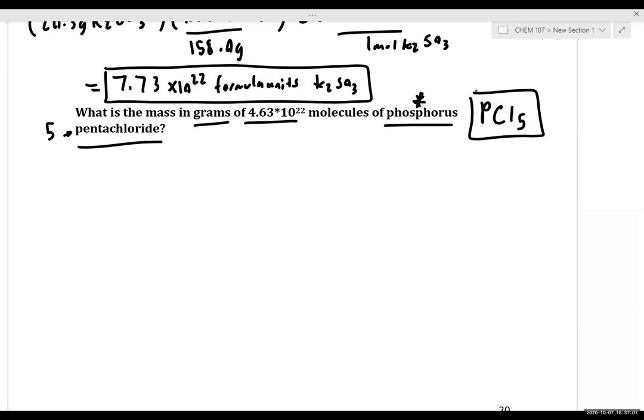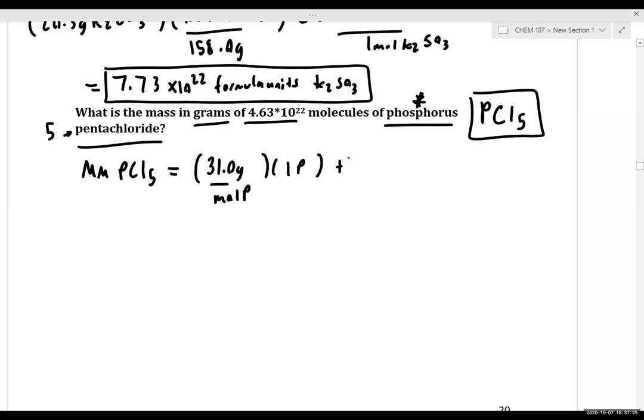Okay, so let's discuss this example. First things first, given the formula, let's calculate the molar mass of phosphorus pentachloride. We know that phosphorus has a mass of 31 grams per mole, and we have 1 phosphorus atom.